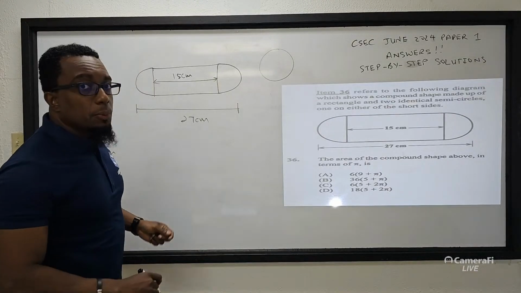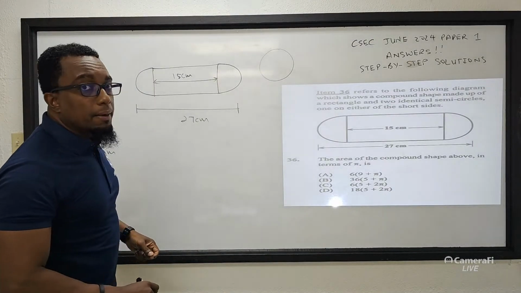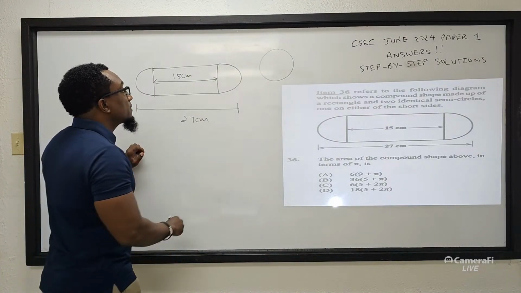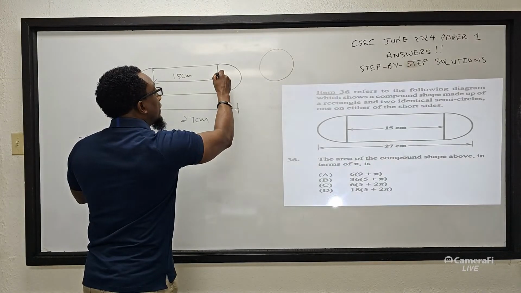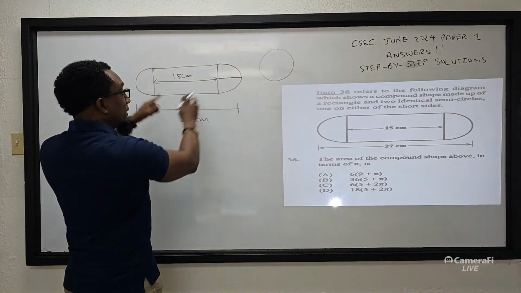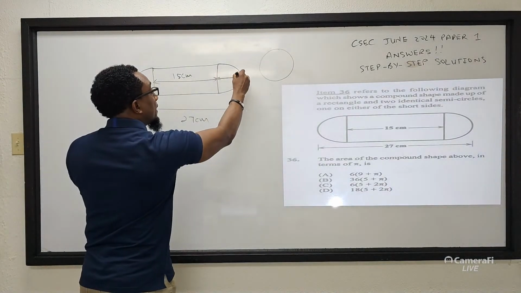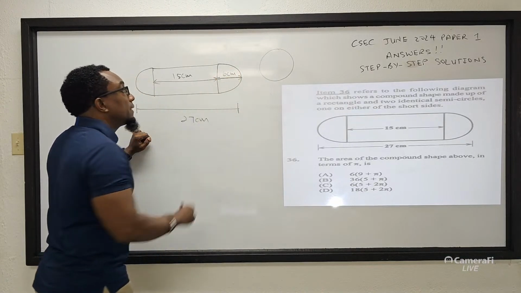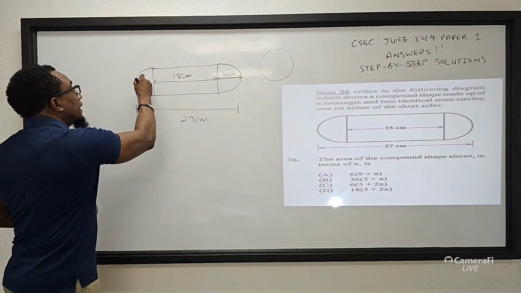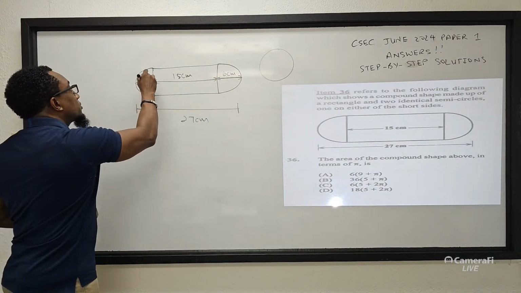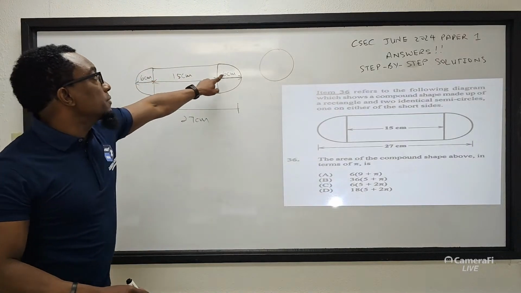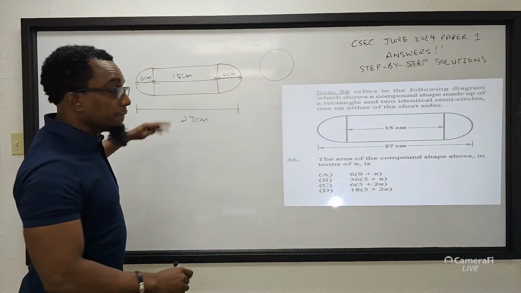When I divide 12 centimeters by 2, this length from here to here will be 6 centimeters. This length is also 6 centimeters. So 15 plus 6 makes up that 27.